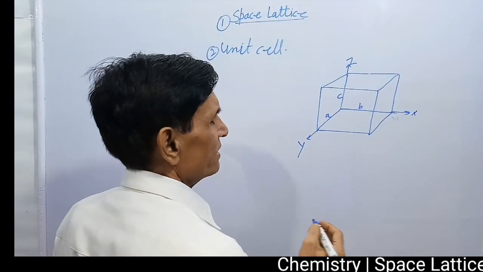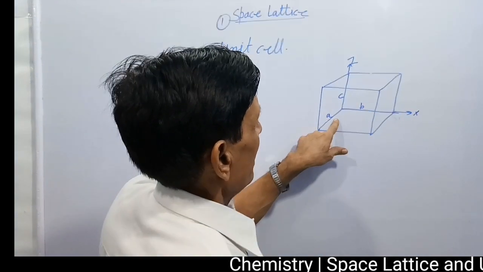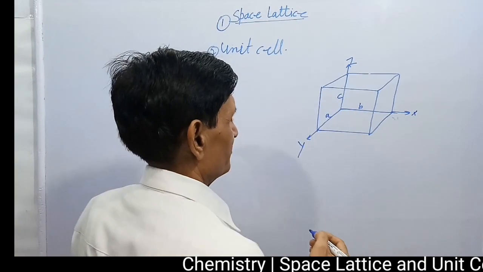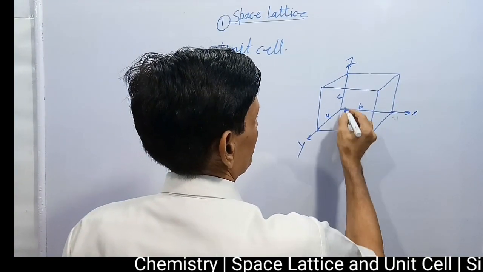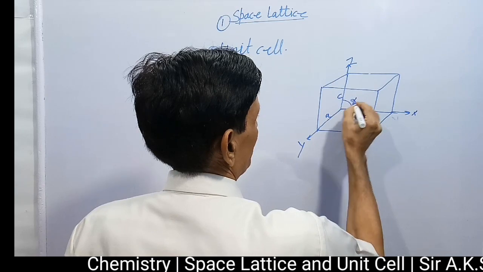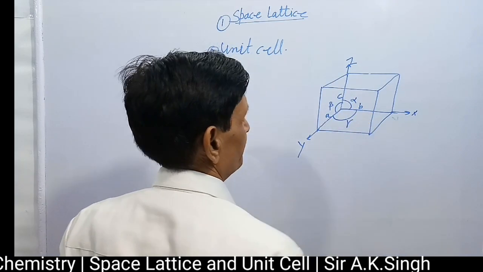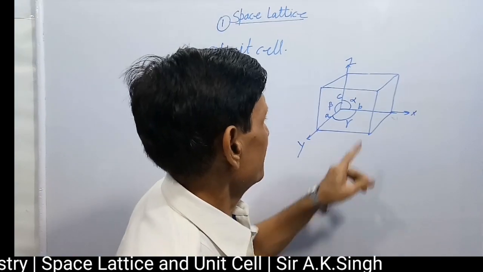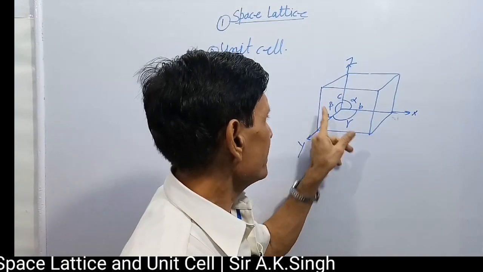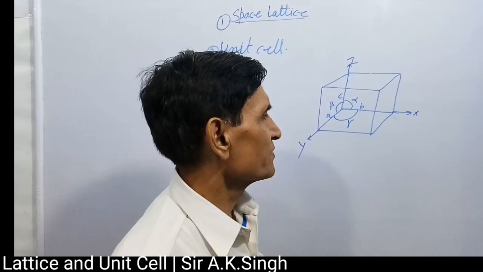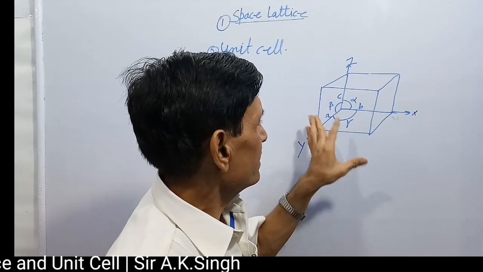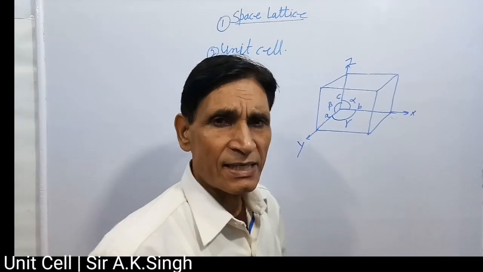Second characteristic: axial angles alpha, beta and gamma between the edges b and c, c and a, and a and b. That way the unit cell is characterized.